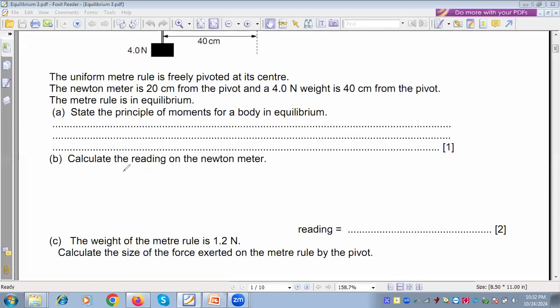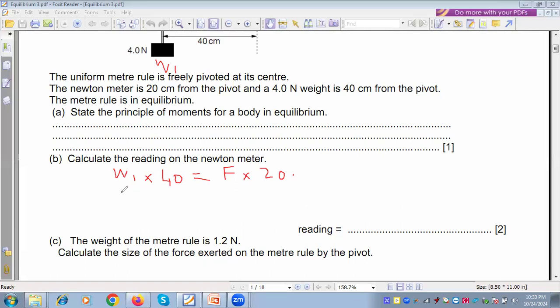We may call it W1 into 40 centimeter, its distance from the pivot, is equal to the force in the Newton meter, we may call it F, into 20 centimeter. It's not necessary to convert centimeter into meter here because both distances D1 and D2 are in centimeter.